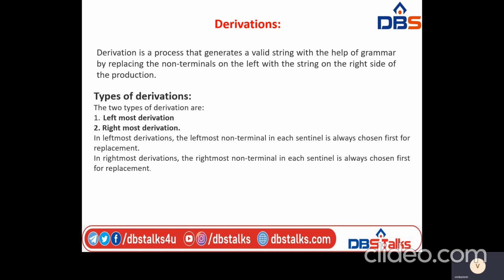In leftmost derivation, in each step, the leftmost non-terminal will be expanded, whereas in rightmost derivation, the rightmost non-terminal will be expanded. The only difference between left and right is that if it is left, we expand the leftmost non-terminal; if it is right, we expand the rightmost non-terminal. These are the two types of derivations.